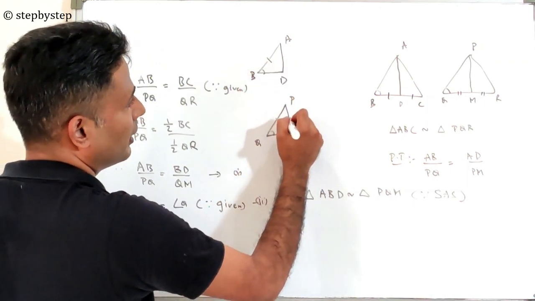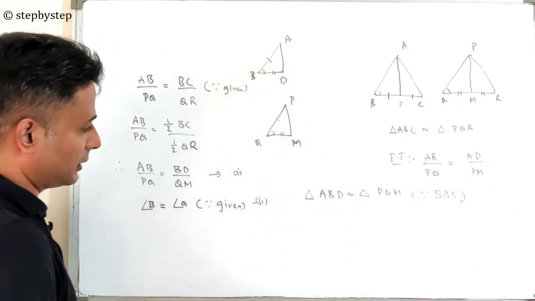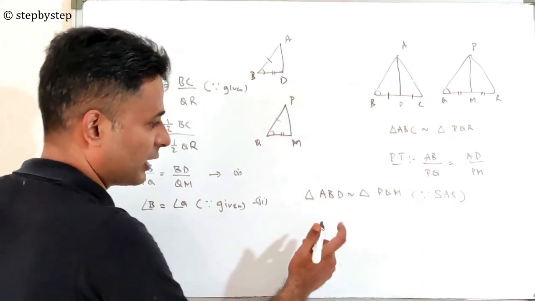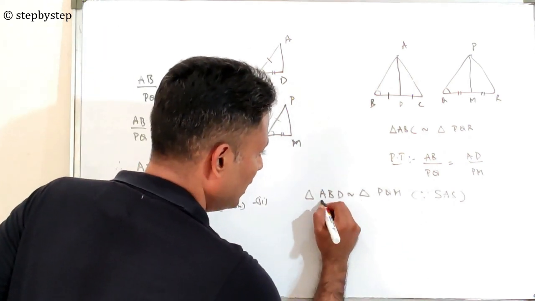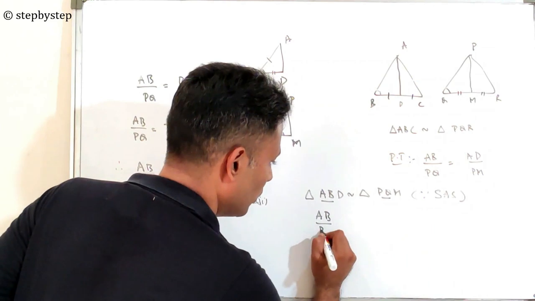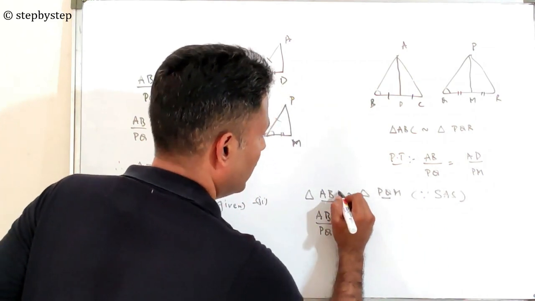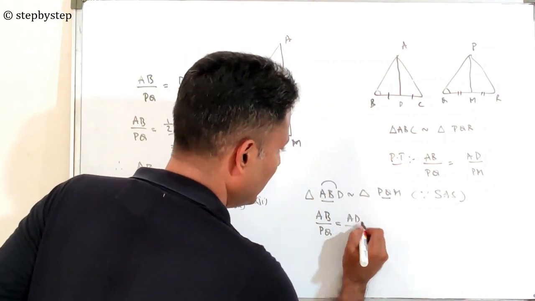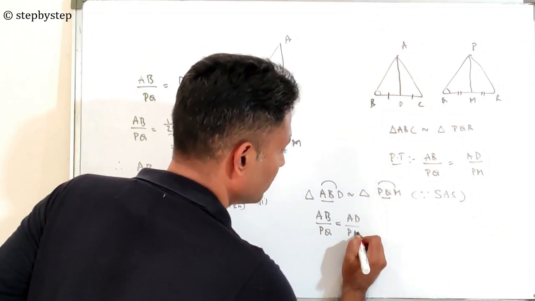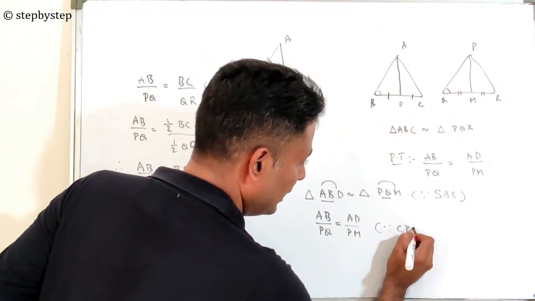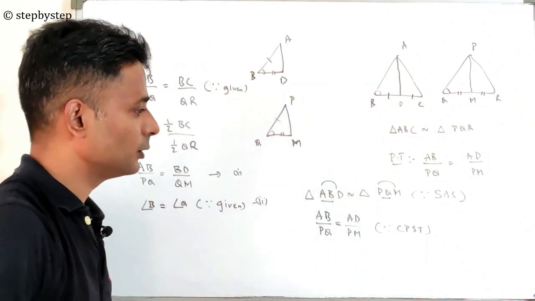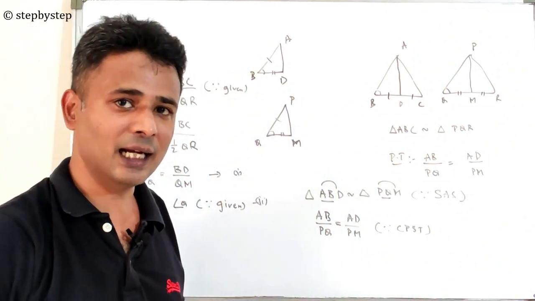What we got. Now from this, what can we tell? AB by PQ equal to AD by PM. CPST. So the ratio of corresponding sides are equal.